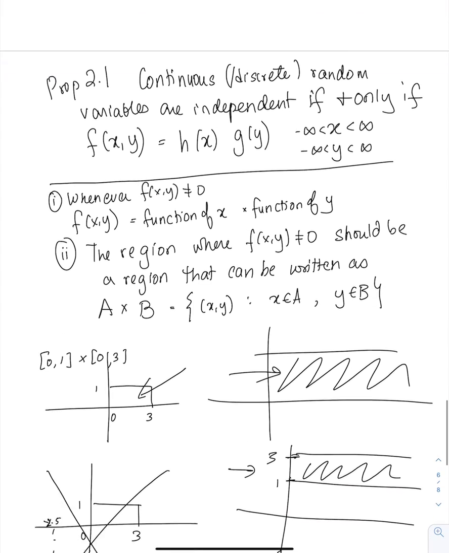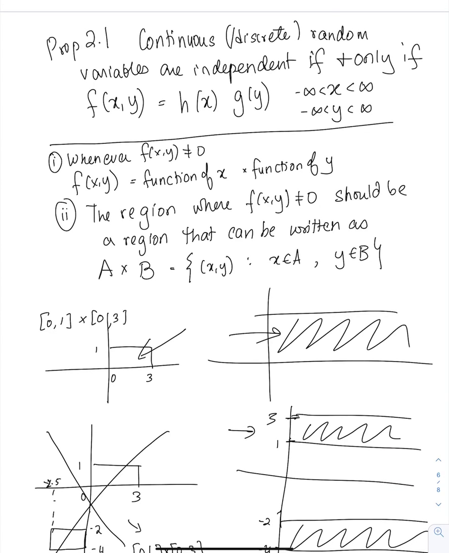So if you needed to put it in a very compact, succinct way, then what we have above is how you have it. Two random variables are said to be independent if and only if you can write down the joint density as a product of densities on the whole plane.